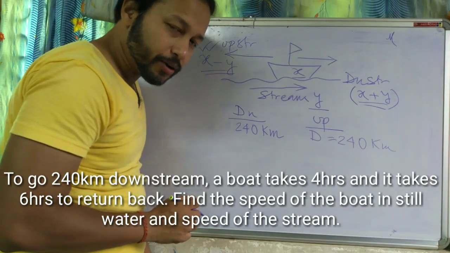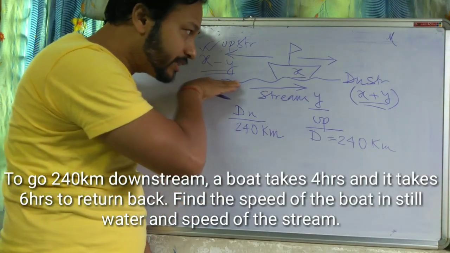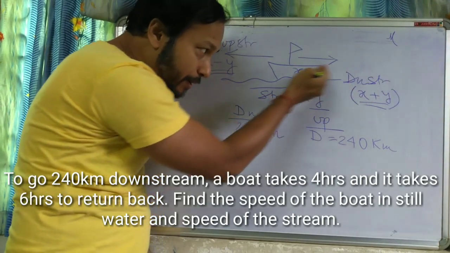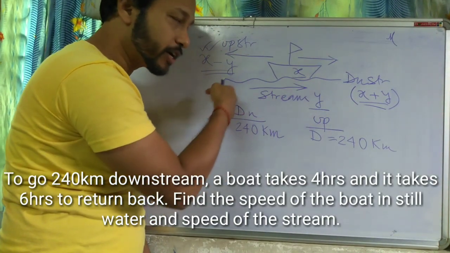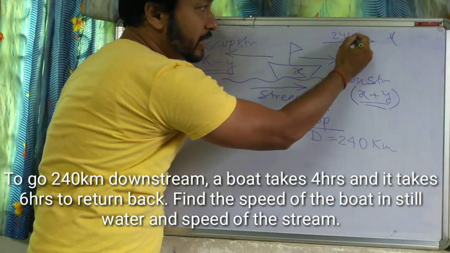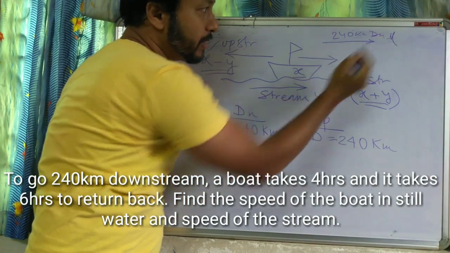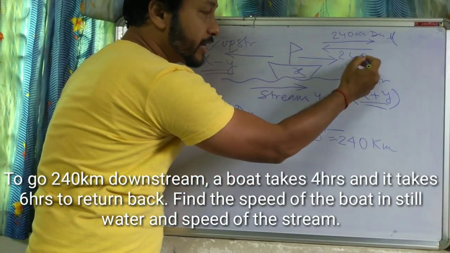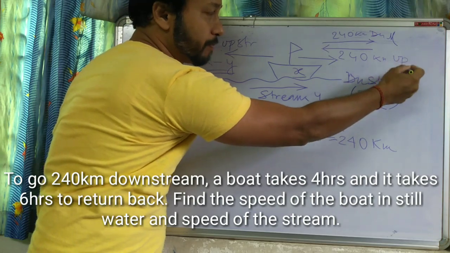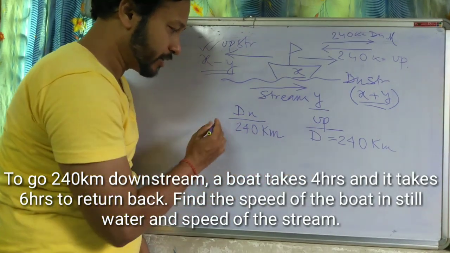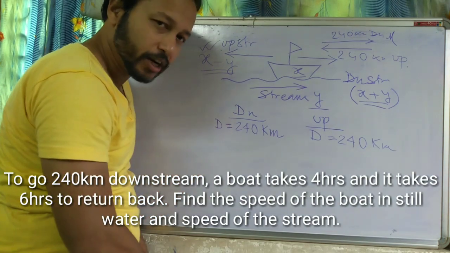If you read the question, you will understand that if you go in this direction 240 km, then while coming back again 240 km. So downstream 240 km, upstream also 240 km. In both cases the distance is 240 km.